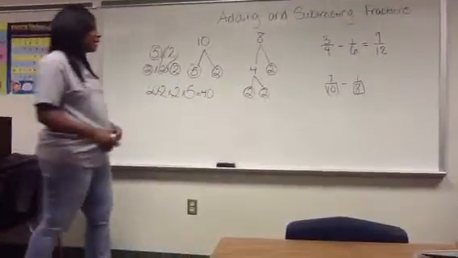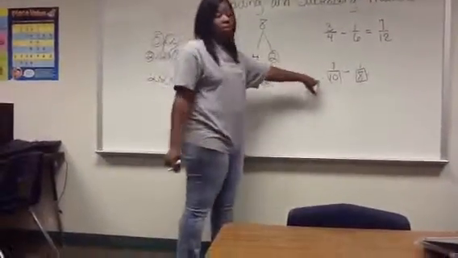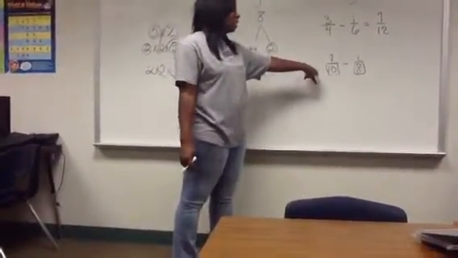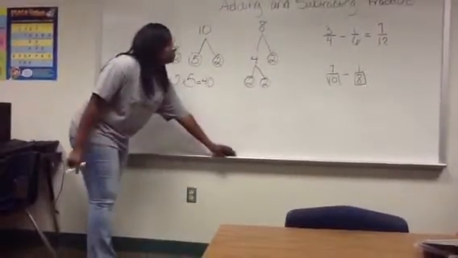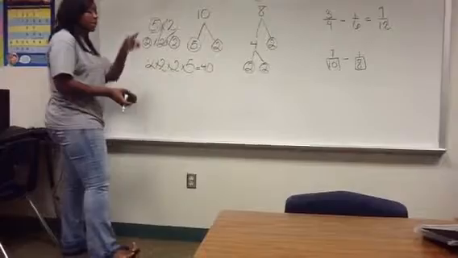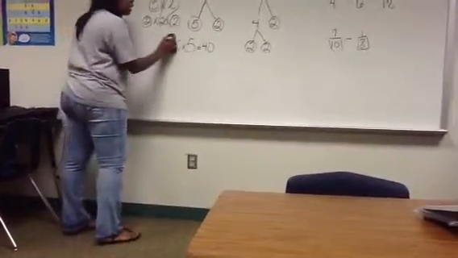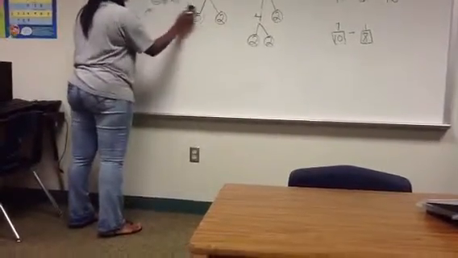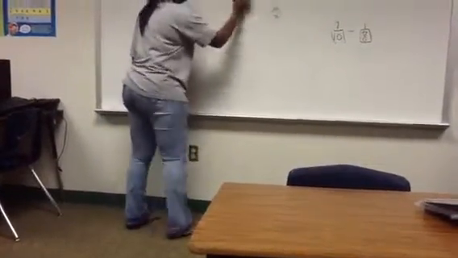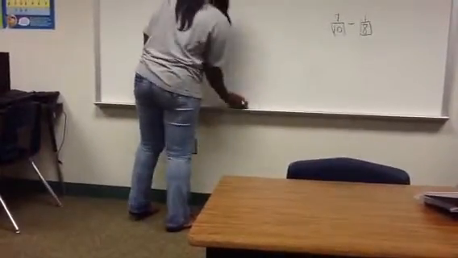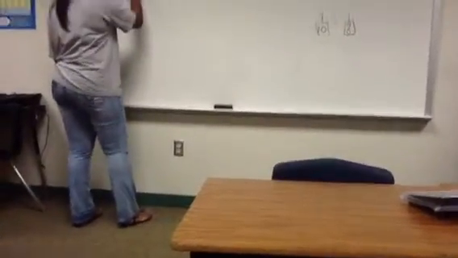That tells me right now I've got a 10 in the denominator. I want it to be 40. I've got an 8 in the denominator. I want it to be 40. So now I'm going to erase all this so we can change our fractions and give them brand new denominators. Remember, our least common multiple was 40. We got to make sure our denominators are 40. So I've got 7/10.